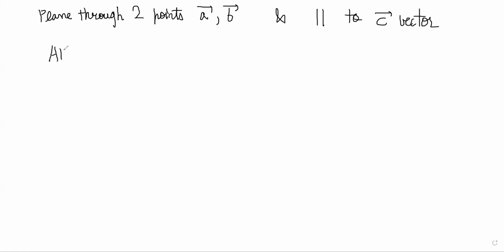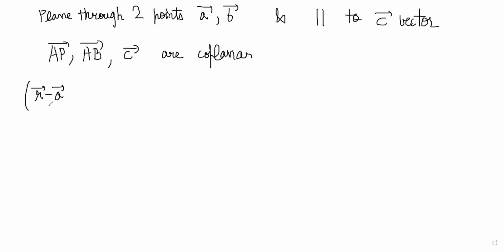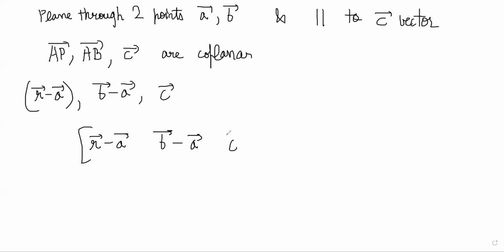and make the three vectors AP, AB, and say C coplanar, right? The AP vector will be R minus A, the AB vector will be B minus A, and this will be C. So you'll get something like this: R minus A, B minus A, C, box product is 0.